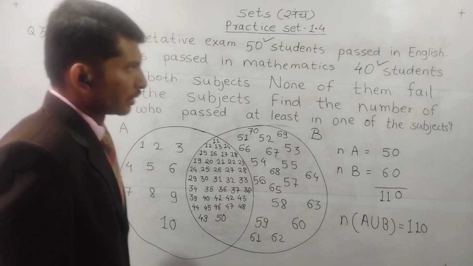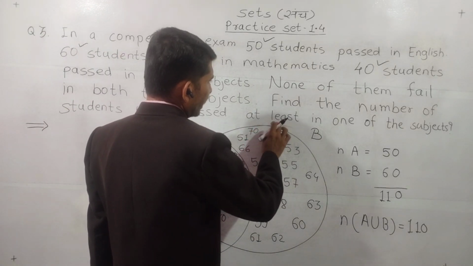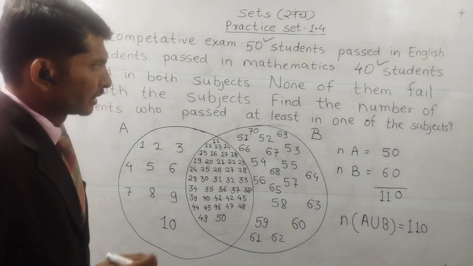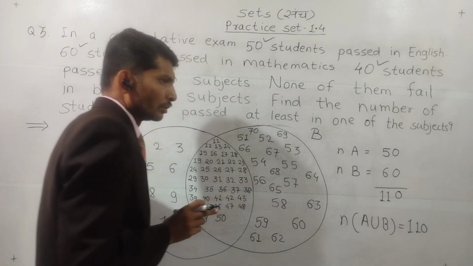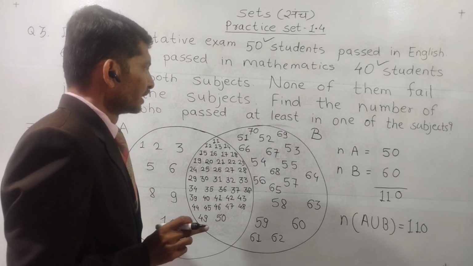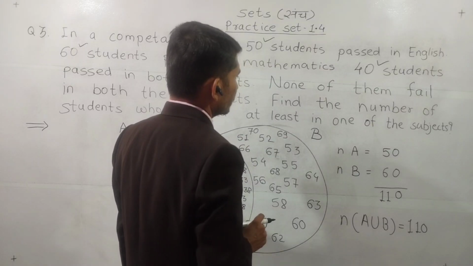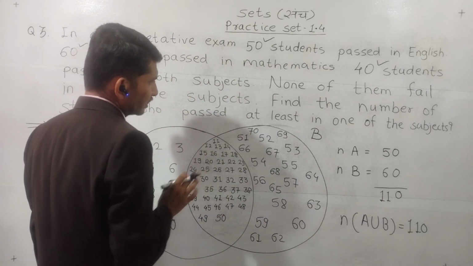The word is "at least" here, means at least in one subject. Maybe that student passed in both subjects, but here it is written at least in one subject. So the students who passed in both subjects are also coming in this answer. Means that the intersection area is also coming in it.